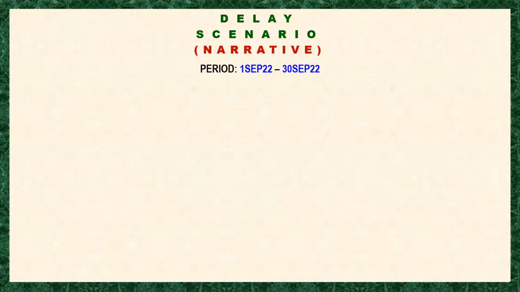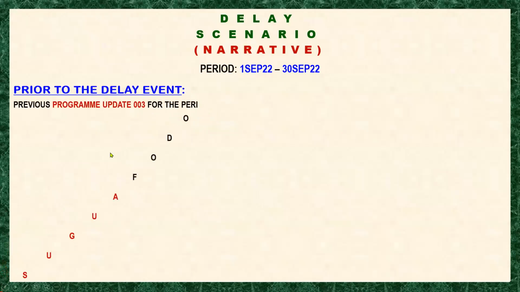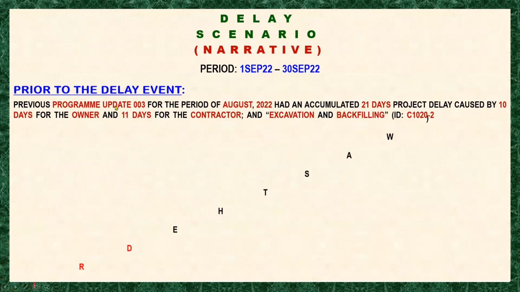This is the delay scenario, or the narrative, for the period September 1 to 30, 2022. Prior to the delay event, the previous program update 003, for the month of August 2022, had an accumulated 21 days project delay, caused by 10 days for the owner and 11 days for the contractor.